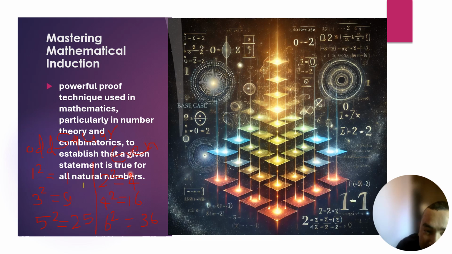Generalizing, the square of an even number is always even, and the square of an odd number is odd. By generalizing like this, we will know the concept of the inductive method.